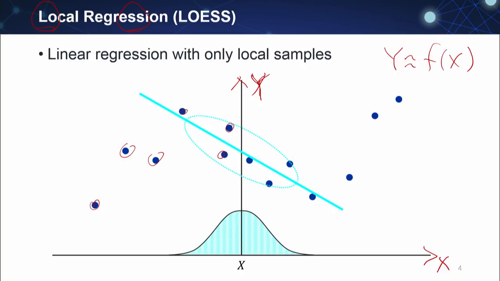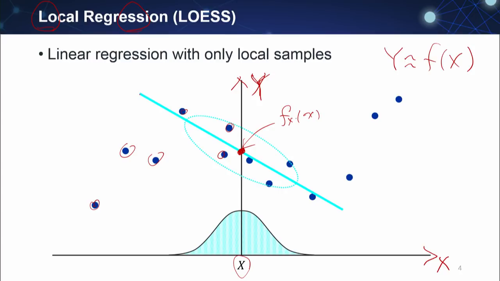The idea of loess is applying an ordinary linear regression with only local samples. For example, if we want to find our function around this point, let's say this point is x, f of x at this point, we find an ordinary linear regression line with only samples around this point.